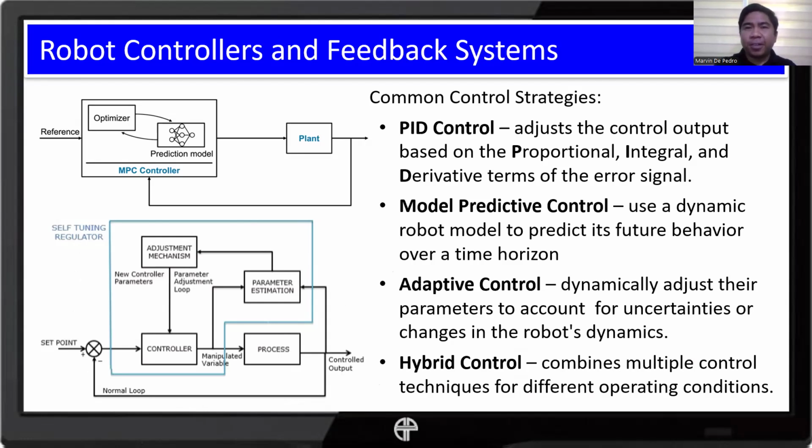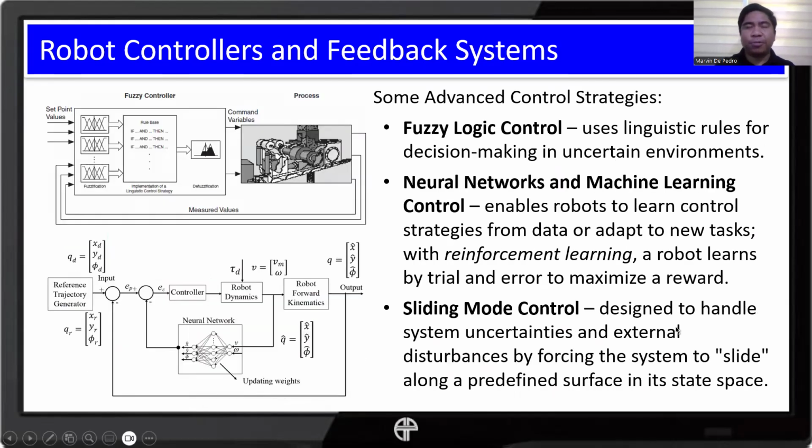Other than these strategies, we can also choose to have fuzzy logic control. For example, if you want the system to be able to decide on its own based on several inputs, like the temperature, the moisture, and the humidity, the system will provide either a low output, a moderate output, or a high output.